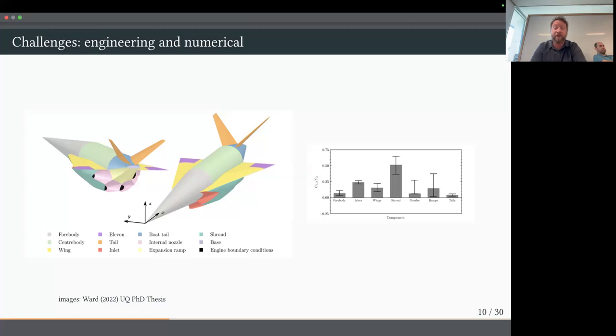A fair bit earlier in my career, I worked specifically on these shape transition inlets. And at the time, I'm pointing to the pinkish color here that's hiding into the vehicle. And on this side, the very light pink, you can see the tail end, the exhaust nozzle of these scramjet modules.